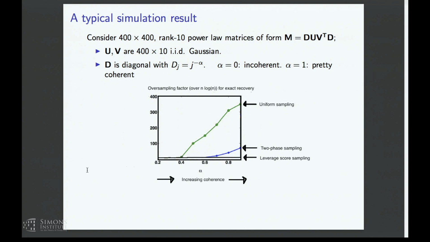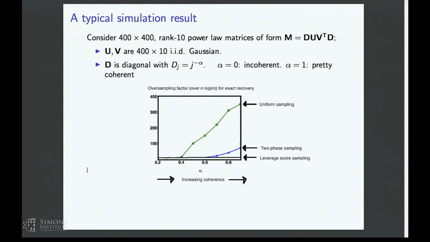So that would create a roughly incoherent matrix, but then we reweighted the rows and columns by D, a diagonal matrix with power law entries. So when the power alpha in the diagonal matrix is 0, we just have an incoherent matrix, and when it's 1, we have a pretty coherent matrix.